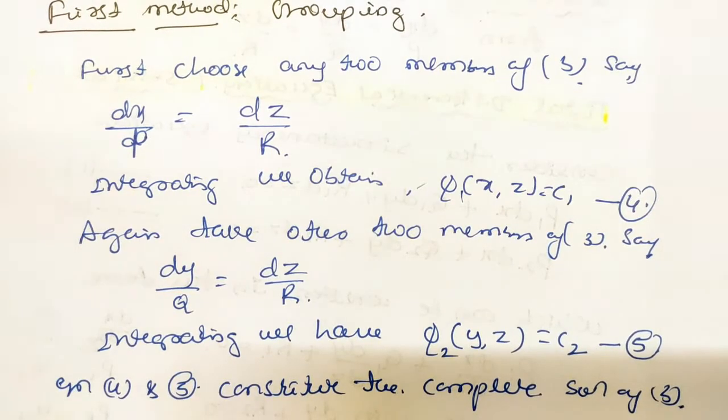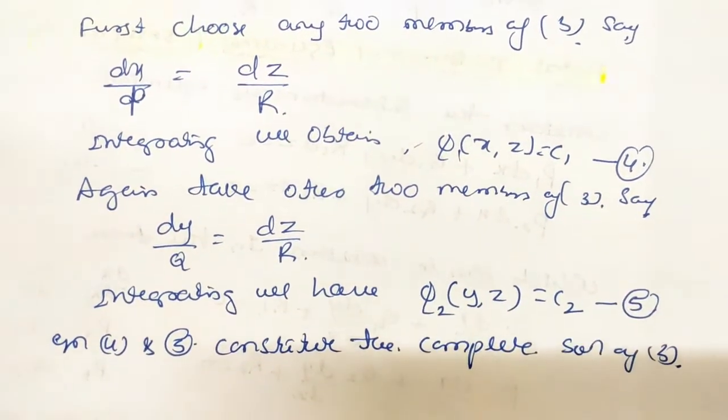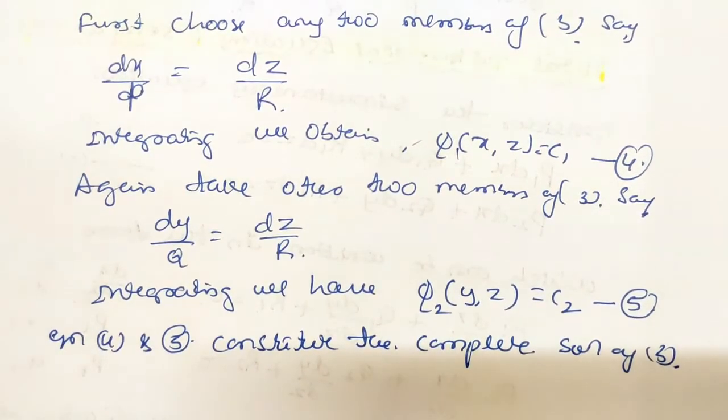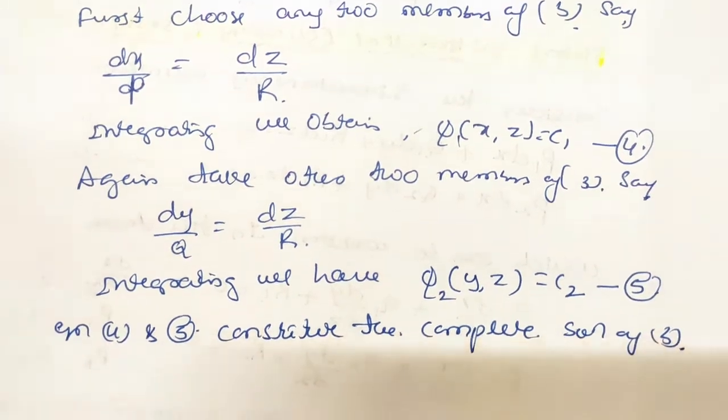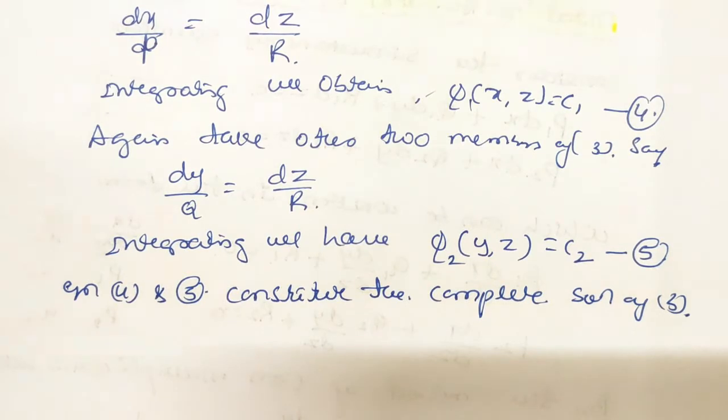Again take two more members of equation 3, equate and integrate, and you get a solution in terms of those two variables. These two solutions give the complete solution of equation 3. This is the first method, the method of grouping the terms.